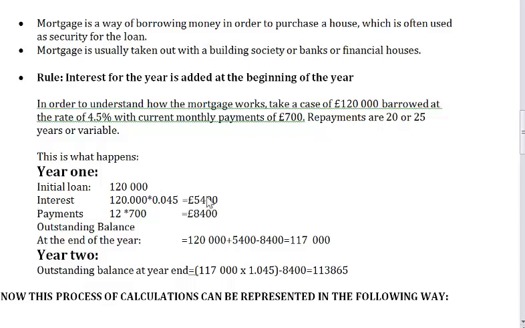After the initial £120,000, you put the interest on top, because the rule on the building societies' mortgages is you must put the total interest at the beginning of the year. That's the way building societies, mortgage people work.